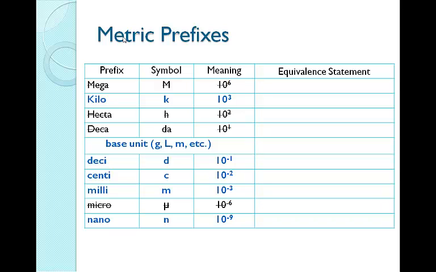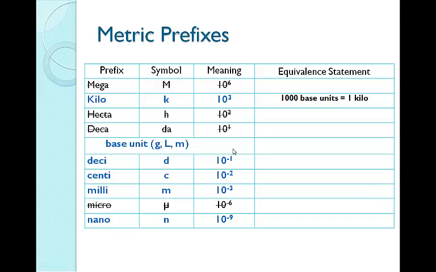And then for quantities that are smaller, they might be measured in deciliters, decimeters, decigrams, centigrams, milli, or nano. So make sure that you copy down this chart. And what we're going to do is go through and talk about each of these prefixes as they relate to the base units. And for that, we'll write an equivalence statement, a statement that says how the kilo is related to the base unit. So let's start with that.